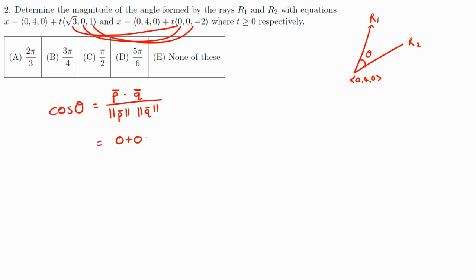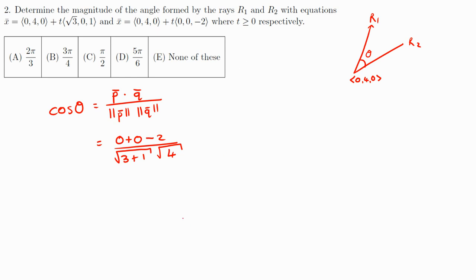So that's just minus 2. And then the norm of this will be the square root of square root 3 squared, that's just 3, and then plus 1 squared, which is just 1. And this will just be minus 2 squared is just 4.